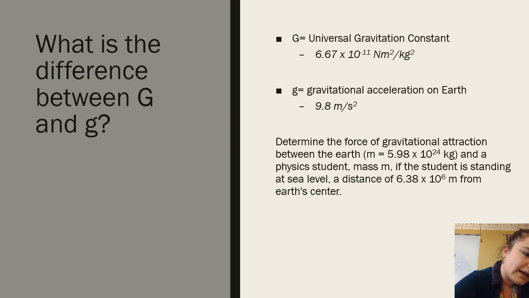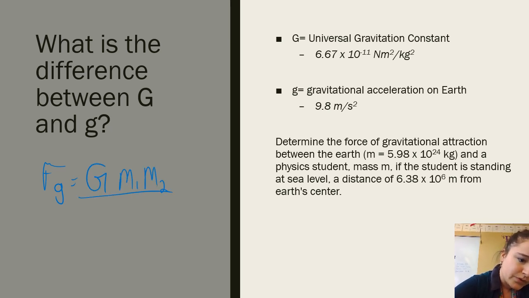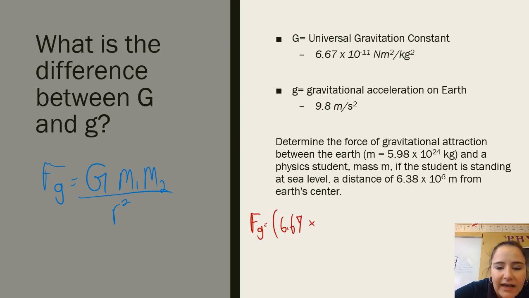So we're going to plug it in. Remember, our equation is force of gravity equals G times m1 times m2 over r squared. So let's go ahead and plug in those numbers. First we have the force of gravity equals G, which is 6.67 times 10 to the negative 11.